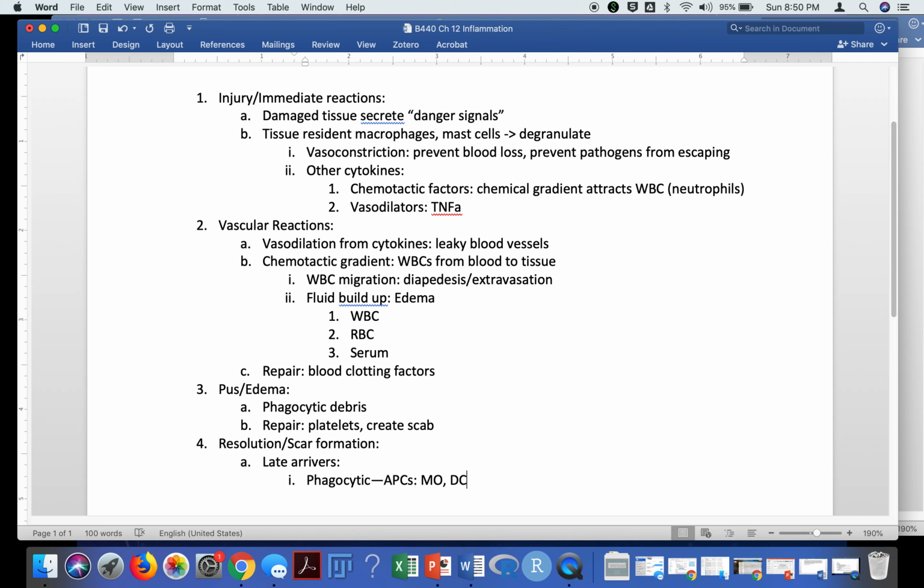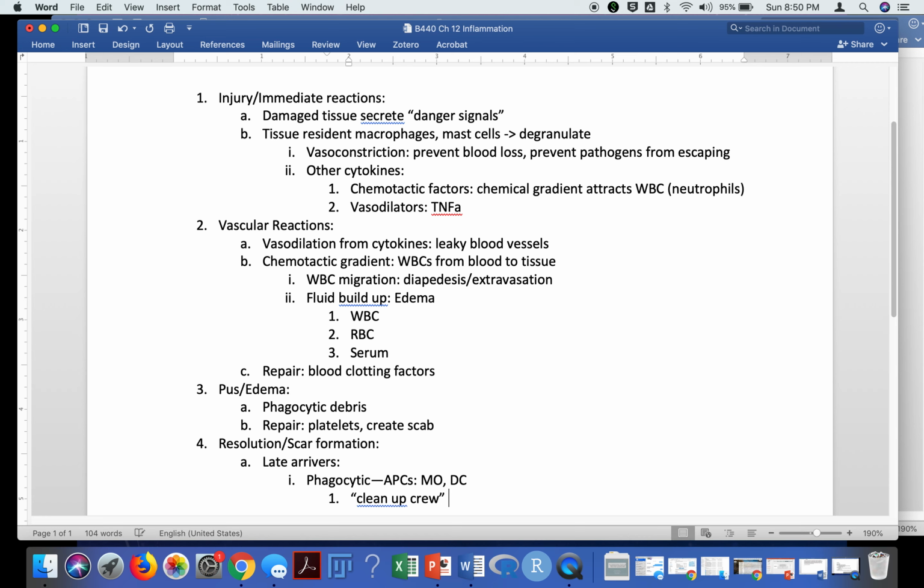Macrophages, they do arrive. They are also tissue resident, so they're there already in the beginning, but they can arrive through the blood, and they are also antigen presenting cells and can activate our memory T cells too. So these APCs, when they come, they'll clean up, essentially a clean up crew, right?